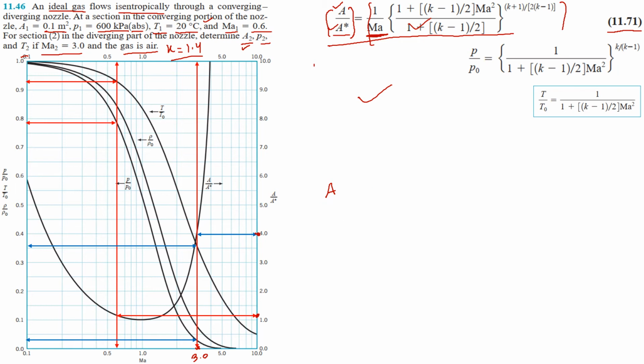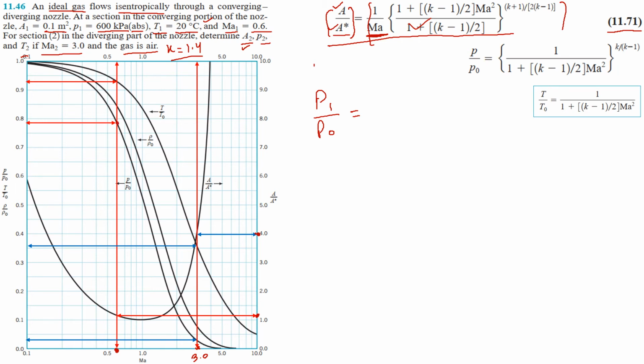Just by doing the same exercise, we are going to find P1 over P0 for Mach number 1. This was our Mach number 1. From this graph, P1 over P0, if we read it from here, this was our Mach number, and this line crossed just right here.